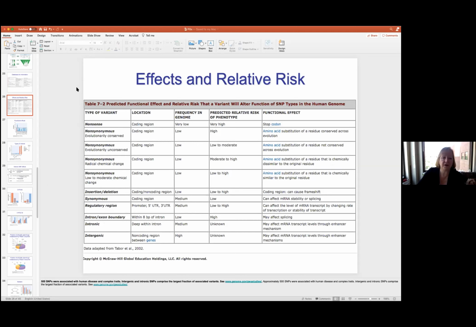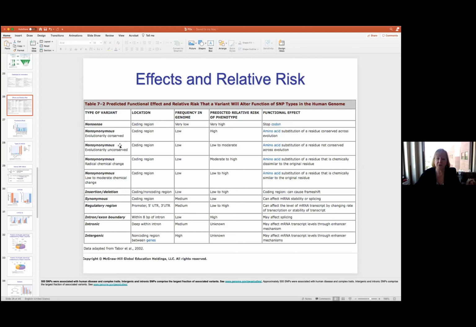So if we want to talk about the predicted functional effects and the relative risks that a variant will alter function, these are the different types of variants that we've talked about over the last 2 years. The non-synonymous that we talked about, evolutionarily conserved, means those amino acids are pretty important.